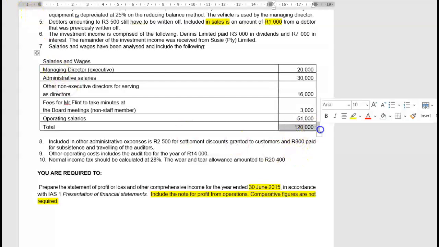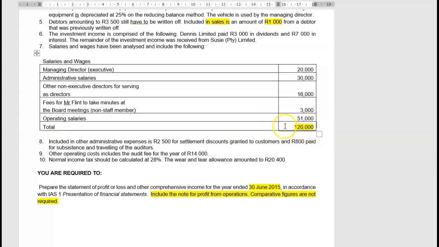The 120,000 which appears on the trial balance consists of managing director's salary 20,000, admin salaries 30,000, other non-executive directors for serving as directors 16,000, fees for Mr. Flint to take minutes at the board meeting, he's a non-staff member, 3,000, and operating salaries 51,000, which gives us the total of 120,000.